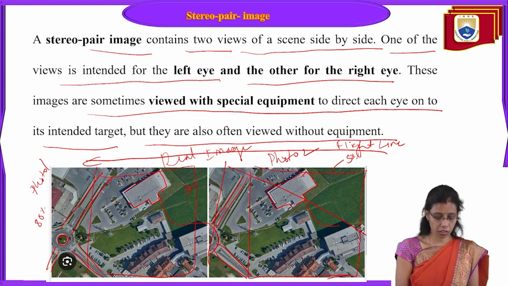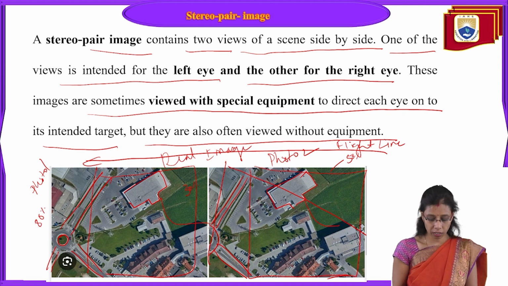The only difference is this junction, which you can see here 50% and here 80%. But if you look at these images, this building, this building, and all this area is commonly visible in both the photos.